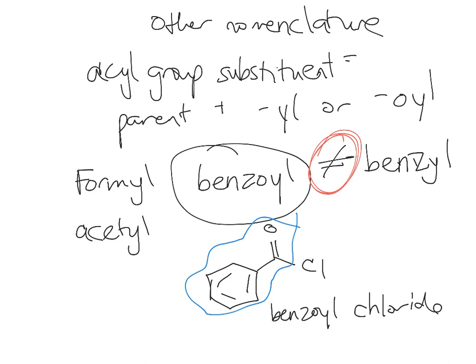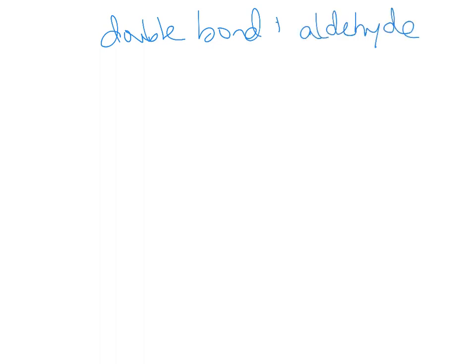So those are common names. You're not going to have to be able to name things that way, but you do need to be able to recognize them. If your molecule has a double bond and an aldehyde, it's going to be named as an ene-al.